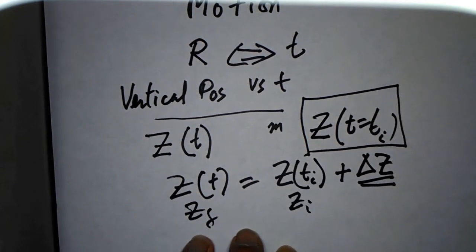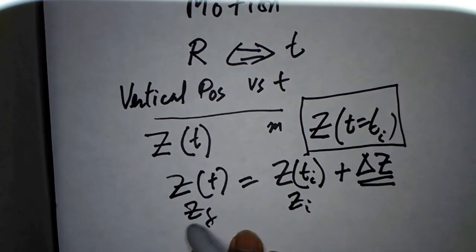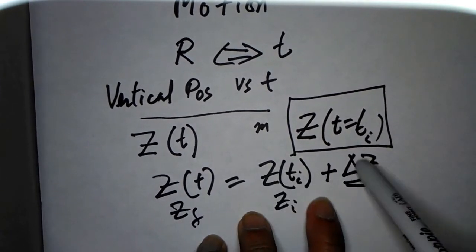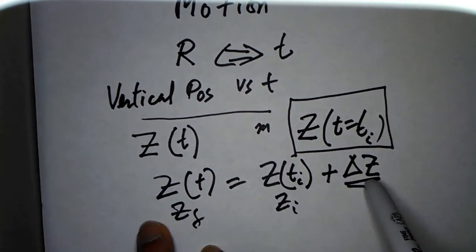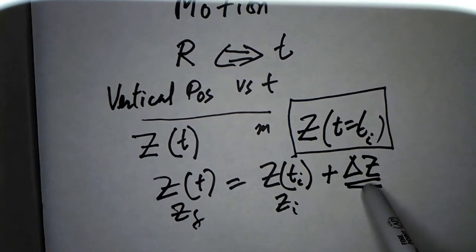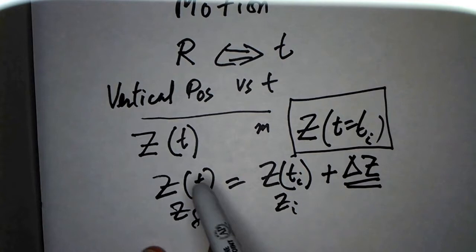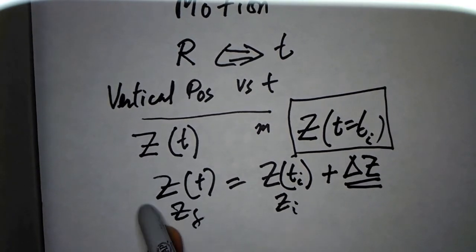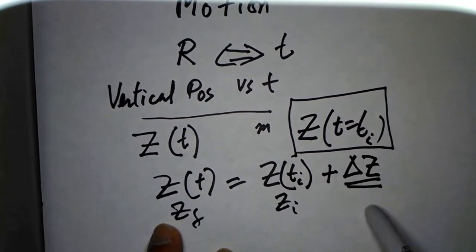This splitting, where finding the final position is nothing but adding delta z to my initial position, is a very successful strategy, and it depends on what is called reductionism. In a physics problem, I can reach a final vertical position just by knowing where the object started and how many meters it moved.